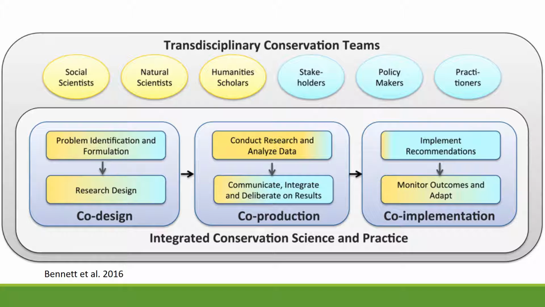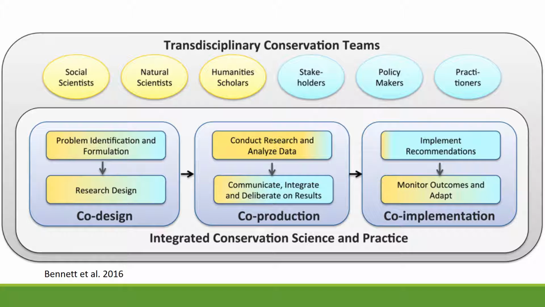We then move on to co-production. Research and data analysis is largely conducted by the yellow team with input from the blue, and then communications and deliberation on results is slightly more undertaken by the blue team with a decent amount of input from yellow.